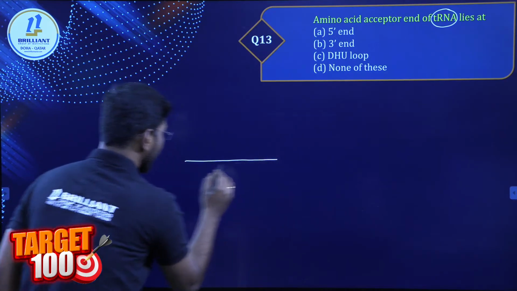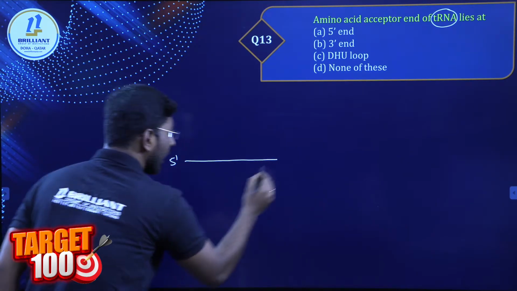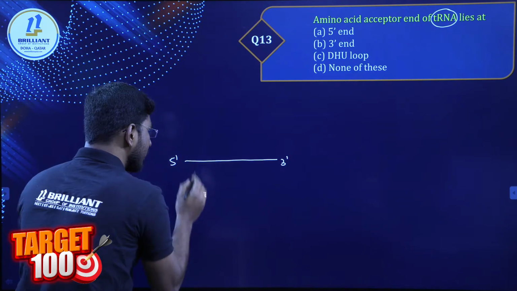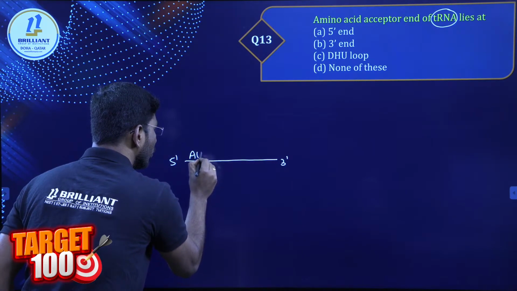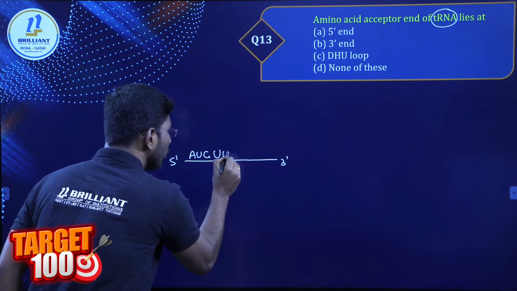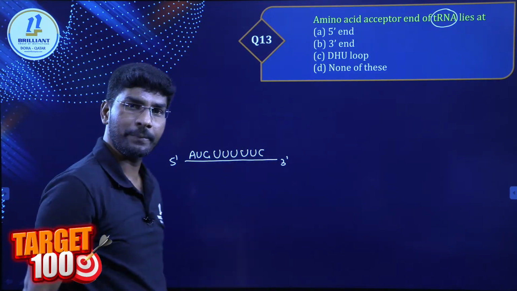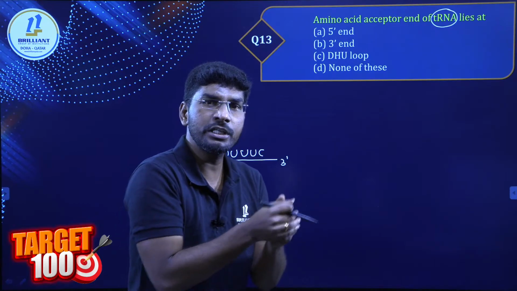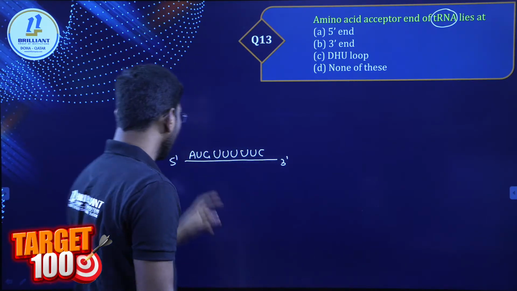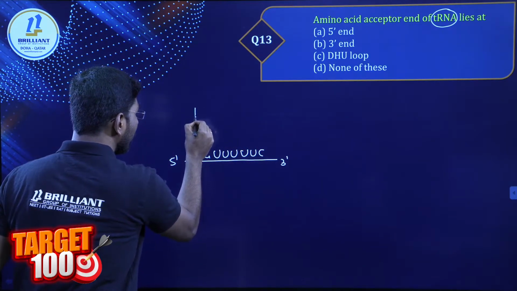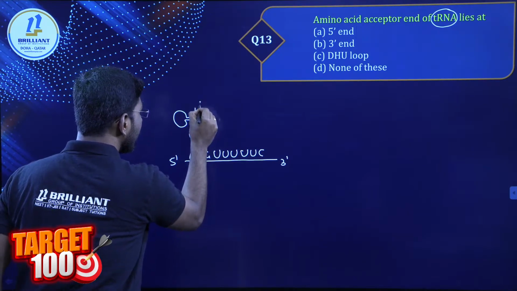This is mRNA, 5 prime, 3 prime. For example, on this mRNA, AUG, UUU, UUC codons are there. Three codons are there, representing three different types of amino acid. Look here, what is coming? tRNA.